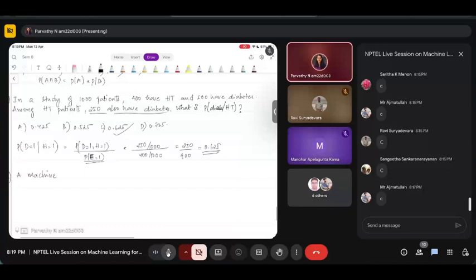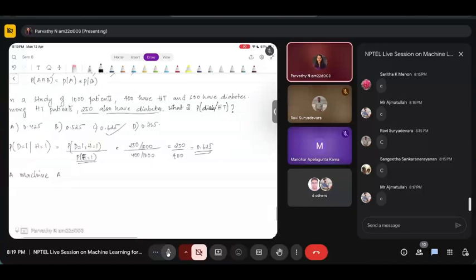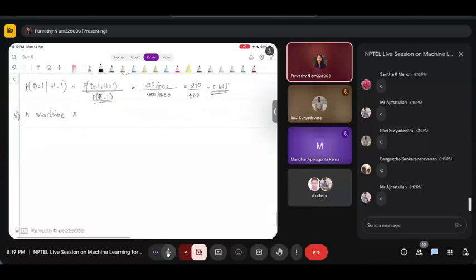A machine A will make 60% of items and the defect rate is 2%. Machine B makes 40% of the items and the defect rate is 5%.